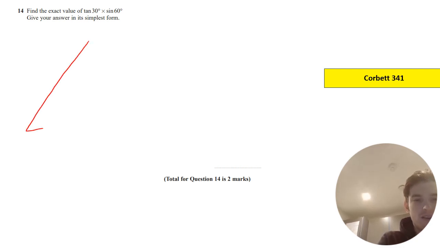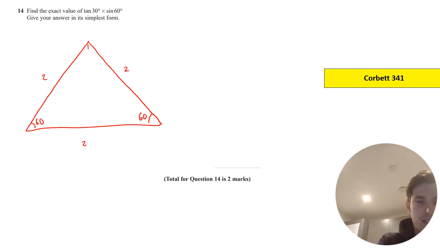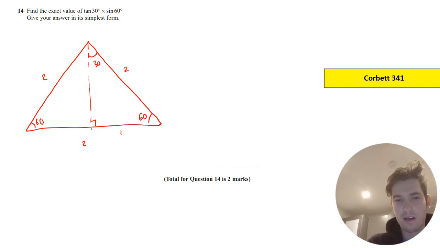So if I start off with an equilateral triangle with length 2, and I split it in half to get a right-angled triangle, this length here is 1, and this angle here is 30, well, I can work out the height of this right-angled triangle by using Pythagoras, and that is root 3.